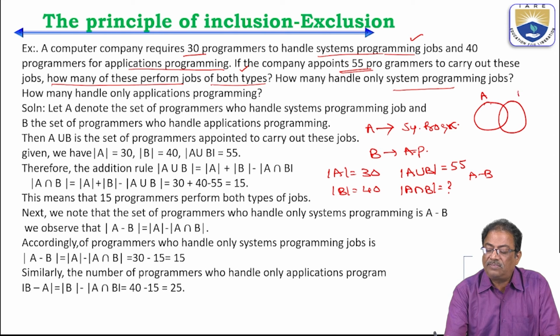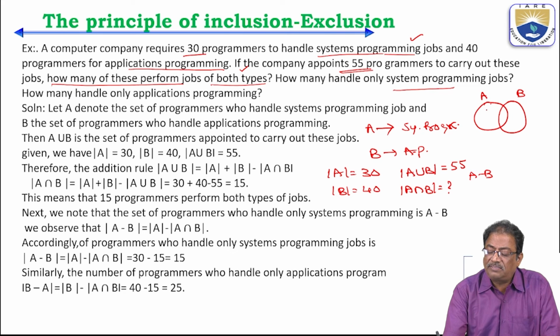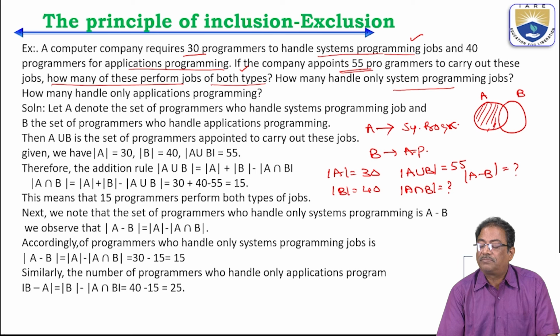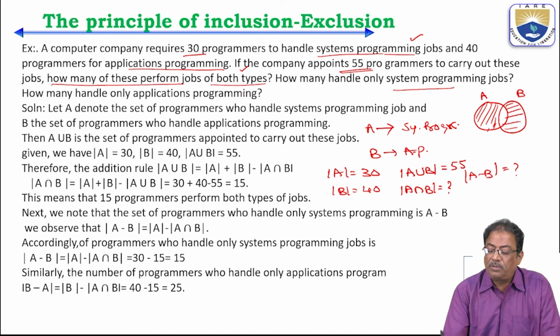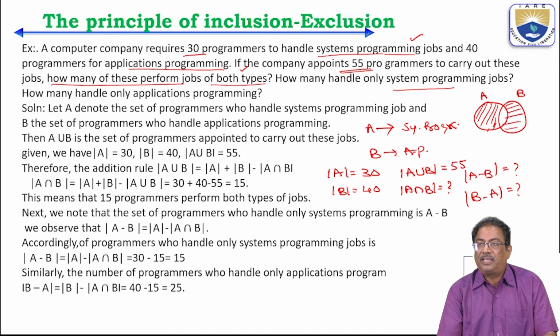This is system programming, this is application programming, then we have to calculate only this. Only this means the cardinality of A minus B is how much? And next, only this, which is nothing but the cardinality of B minus A. A minus B means the set of elements which are in A but not in B.